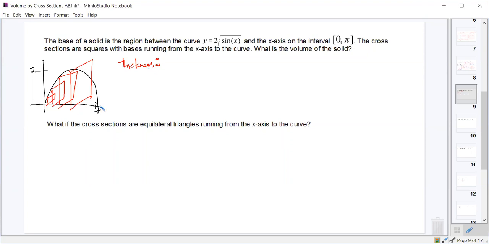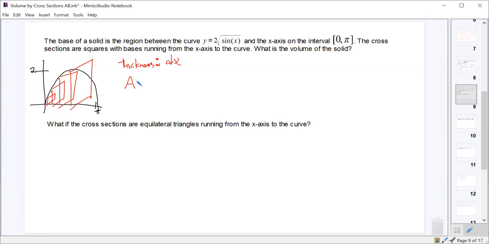Is it going in the X direction, or is it going in the Y direction for the thickness of it? Remember, these are tiny little slices that I'm cutting through here vertically. The X direction, exactly. Right, so the thickness is going to be dx.